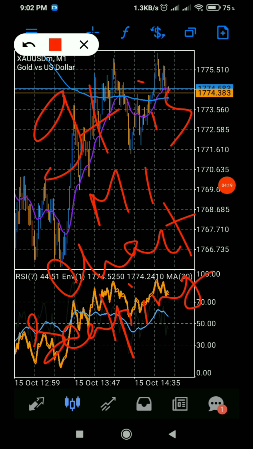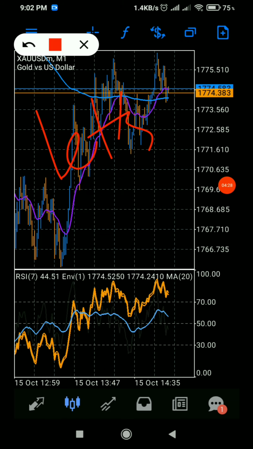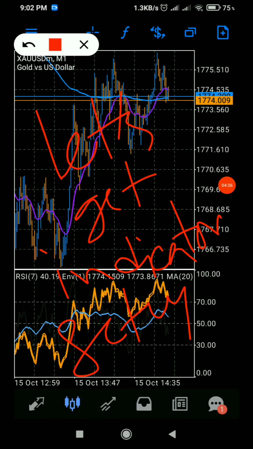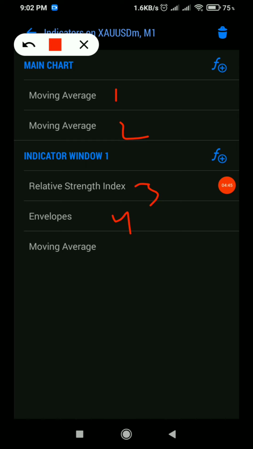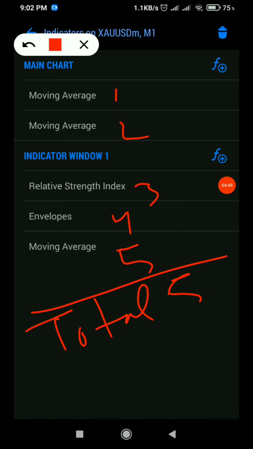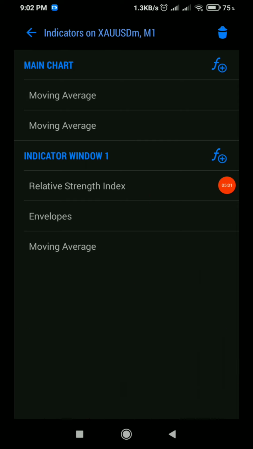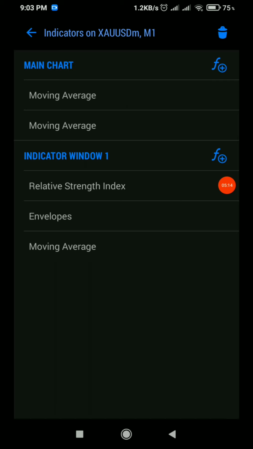So it is an M1 chart, and I'm scalping gold, and let's get the indicators set up. Here 1, 2, 3, 4, 5, already 5 indicators taken for this thunder light strategy. Two windows are taken for these 5 indicators. This is window 1, here window 2.